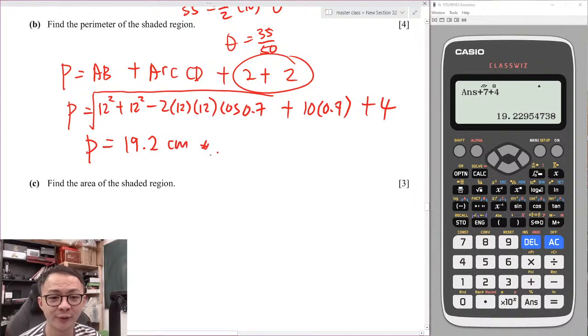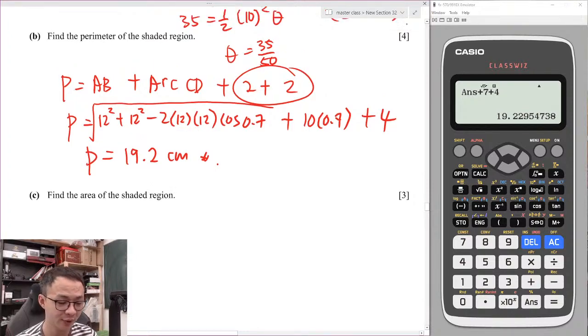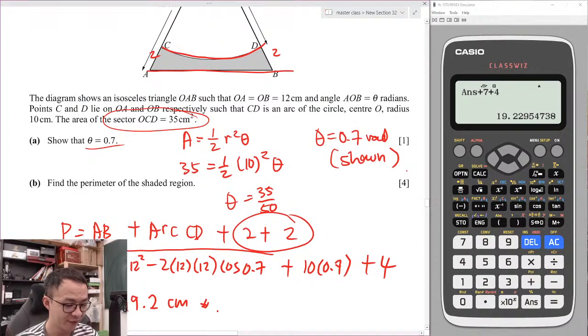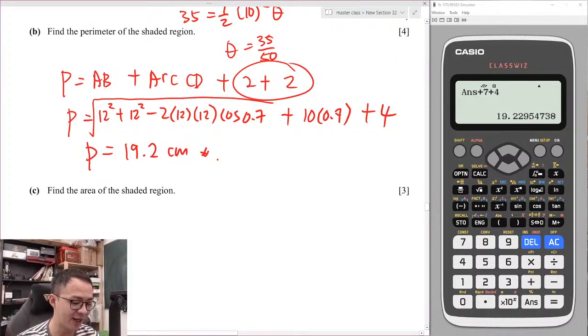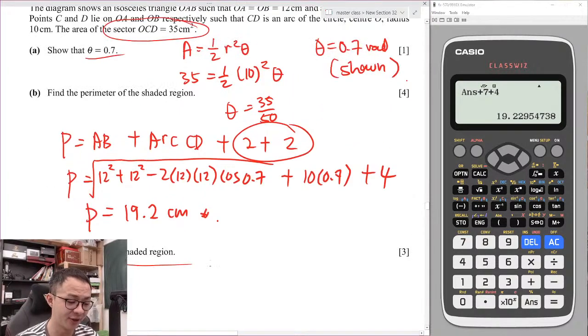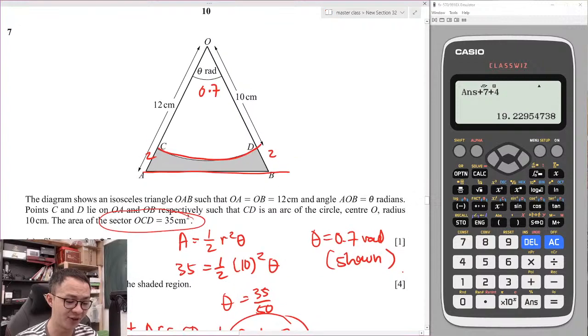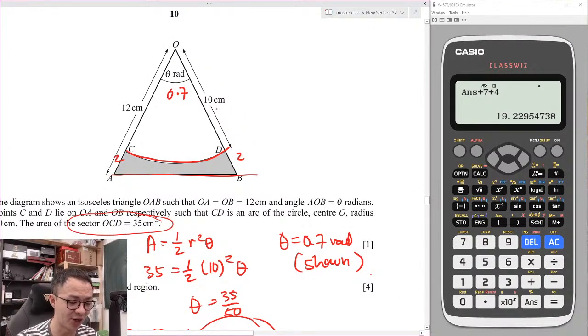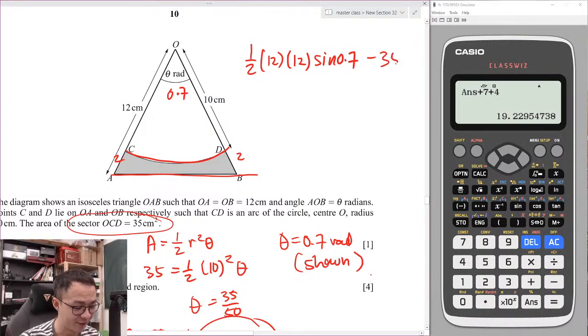Then the next thing is they ask you to find the area of the shaded region. In order to find the area of the shaded region, basically you need to use the triangle minus the sector. So the triangle is half AB sine C, and then the area of the sector is given, 35.